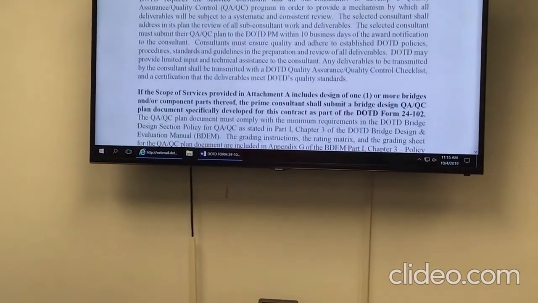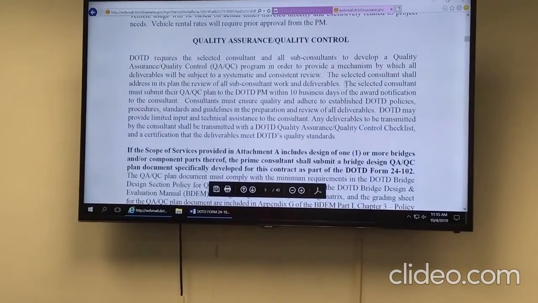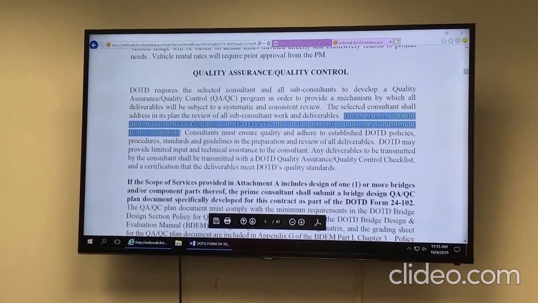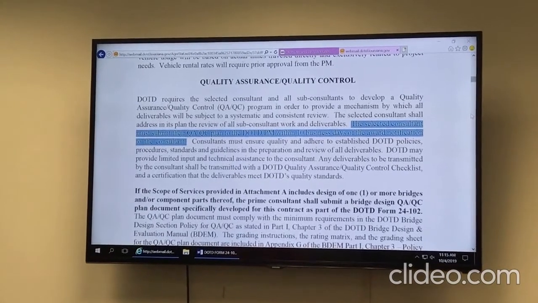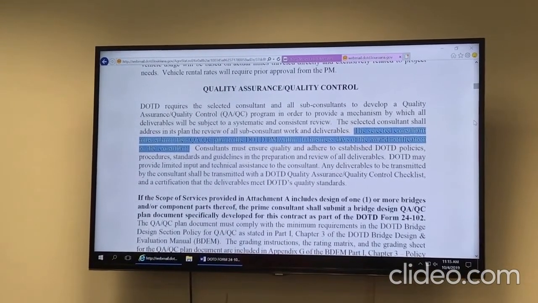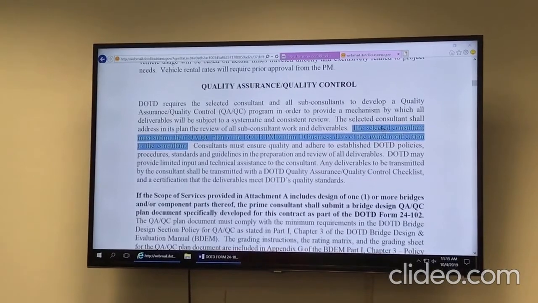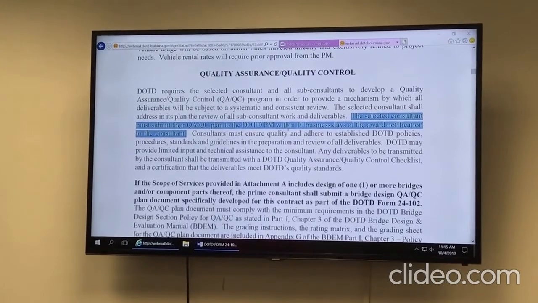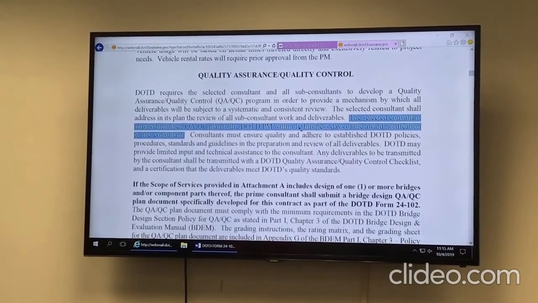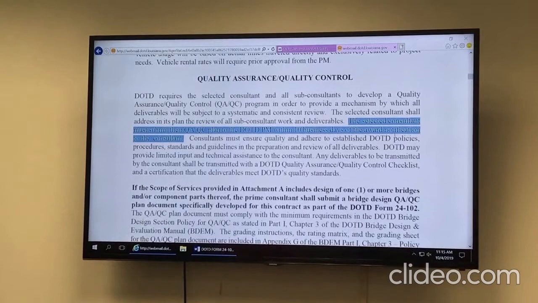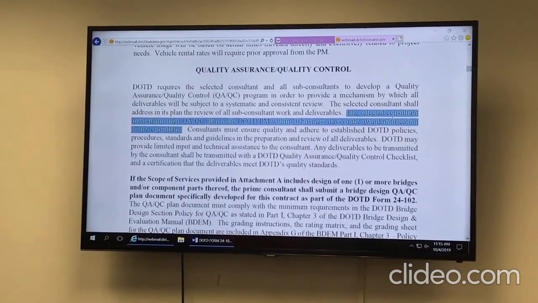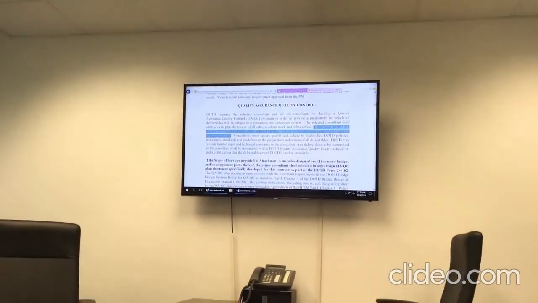Okay. I'll highlight this right here. If the project is not a bridge design project, only the selected consultant will have to submit a QA/QC plan to us for evaluation, and that will be done, like this says, within 10 business days of the award notification to the consultant. So when it's not a bridge design project, the QA/QC plan is not required to be submitted with the proposal, and is not a part of the evaluation.